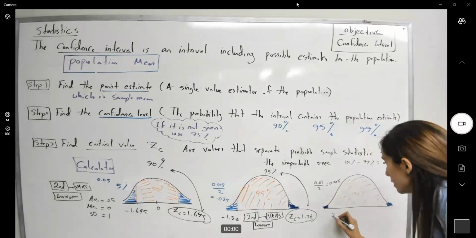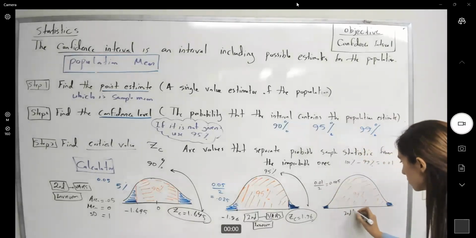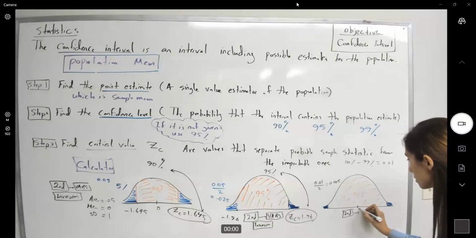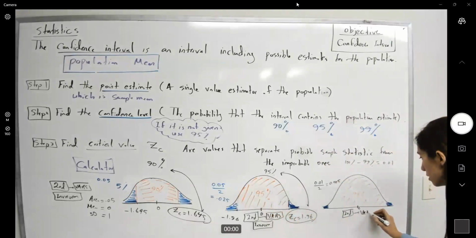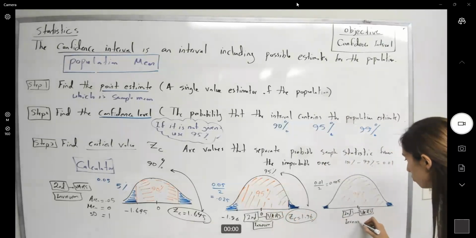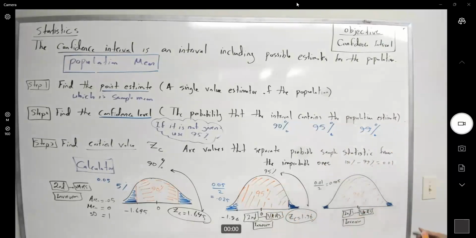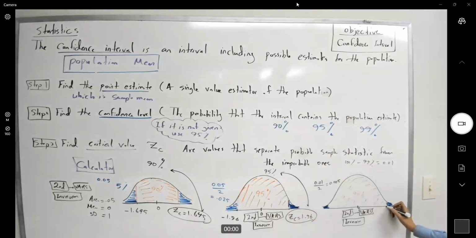So you go to second Ward's, and you find the inverse norm. Okay, so what is my z-score and what is my critical value? Guys, critical value must be positive.